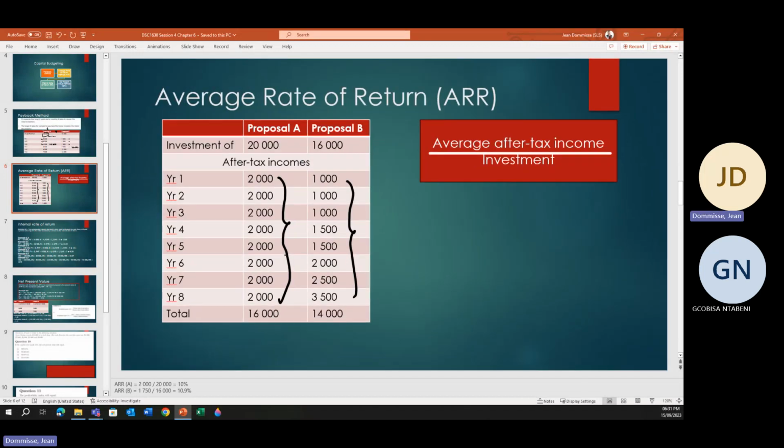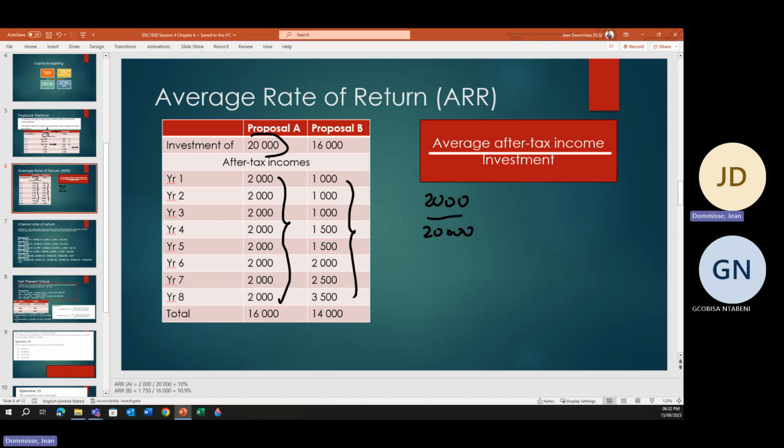So if I look at my average after tax income for proposal A, one can see it monthly or yearly, it is 2,000. So there's nothing that we nearly need to work out there. And it's divided by the initial investment, which is 20,000.